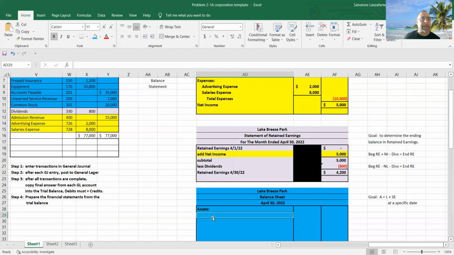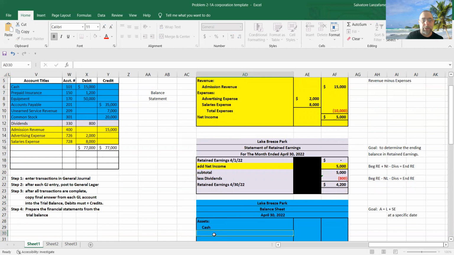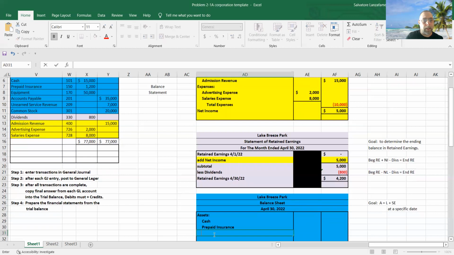So under assets, we had 3 assets. We had cash, prepaid insurance, and equipment. Remember that part about the little colon symbol?